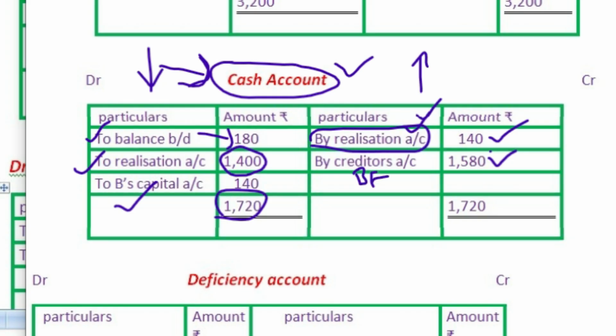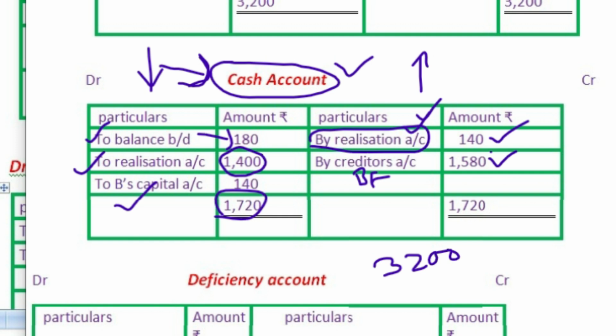So that means the total amount payable to creditors is 3200. But the partnership firm has sufficient cash balance of only 1580 rupees. So the partnership firm is able to pay only 1580 rupees. The difference will be transferred to the deficiency account.